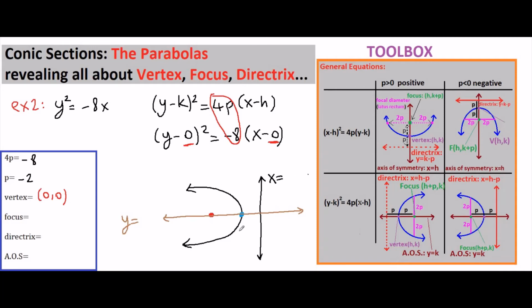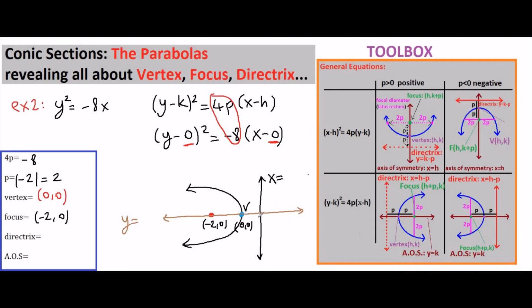Let's start from vertex. Our vertex is 0, 0. Our focus is p units to the left. It's going to be 2 units to the left. So you take the absolute value of this because it's a distance. 2 units to the left is negative 2, 0. So that's going to be our focus.